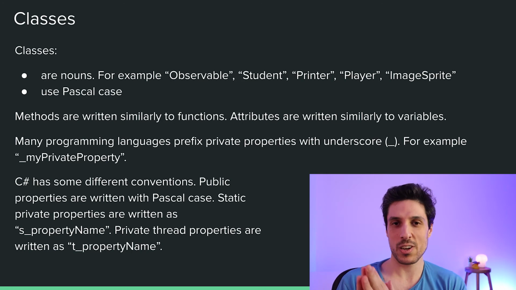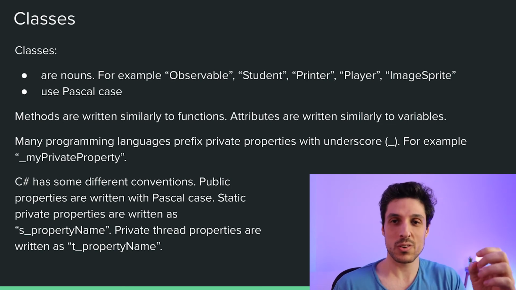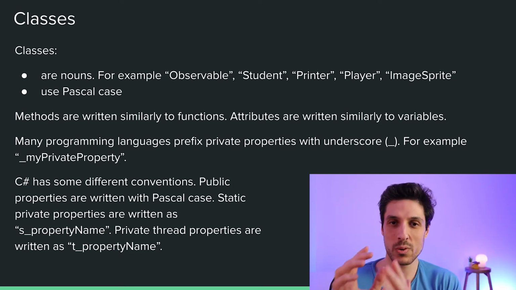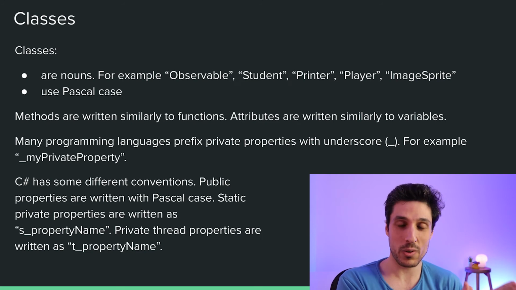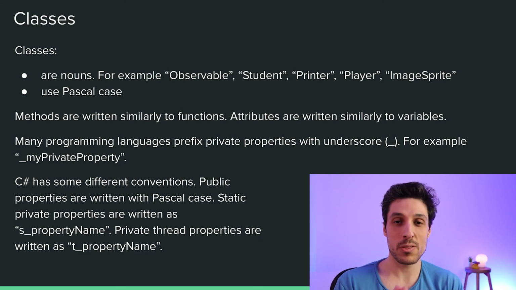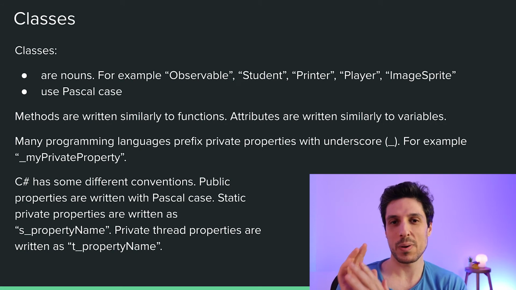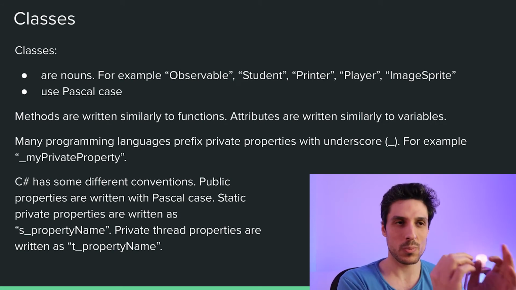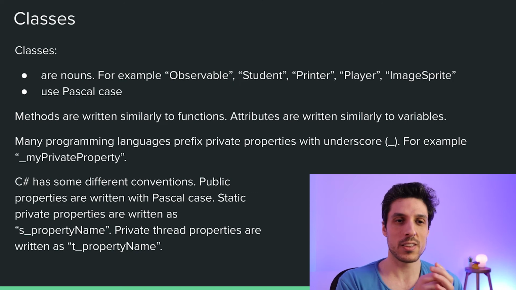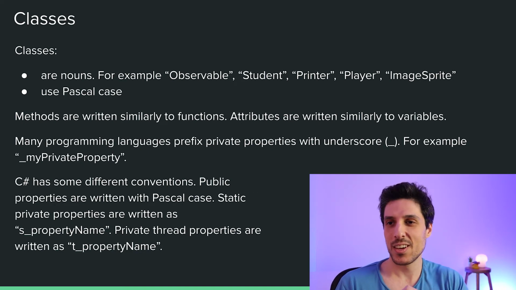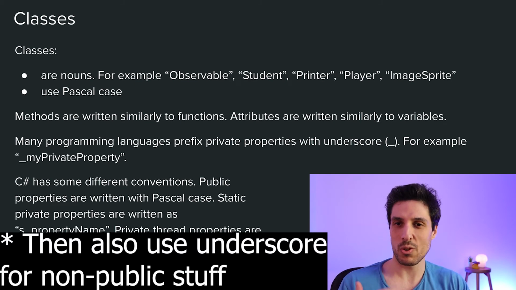The reason I like this is because it differentiates, like we saw before, attributes holding booleans would be lowercase, and methods returning booleans would be uppercase. So Pascal casing for public methods and camel casing for public attributes. They also use the underscore for non-public stuff, just like usual.